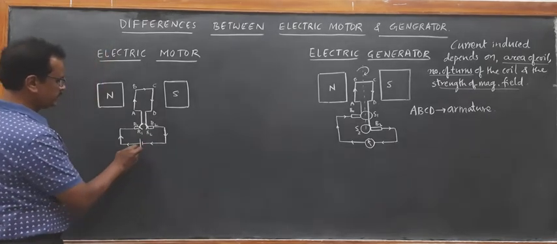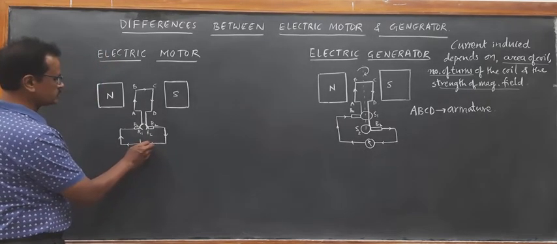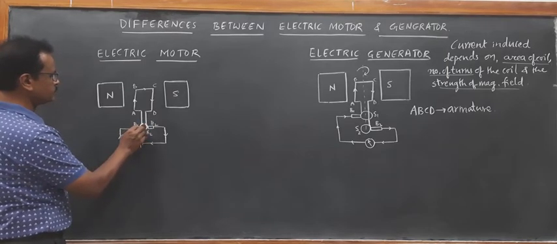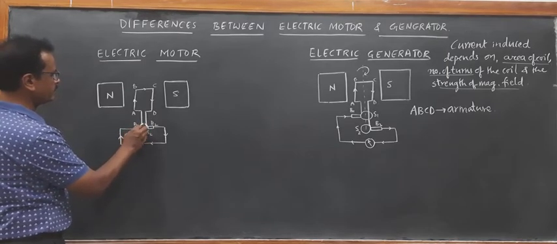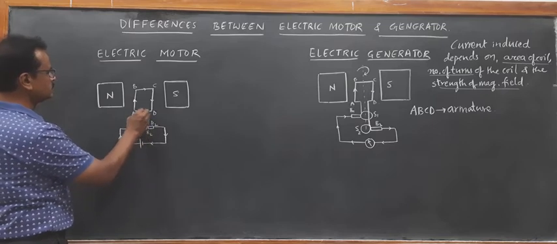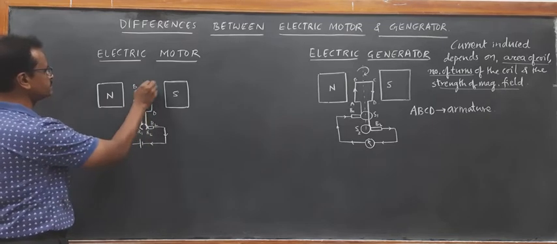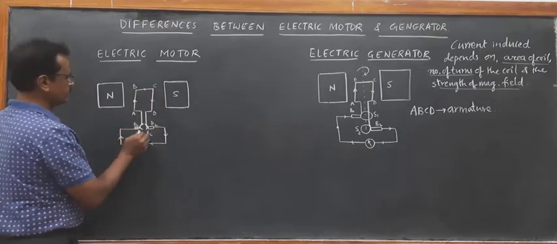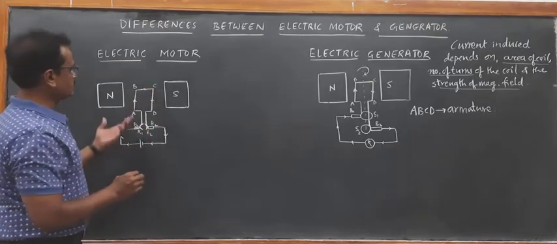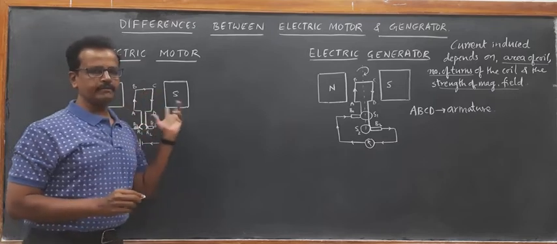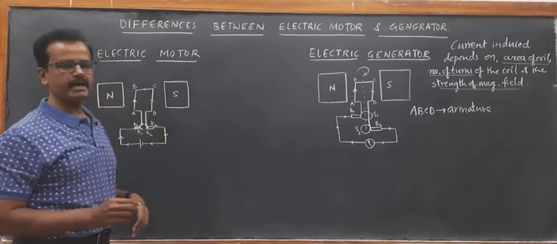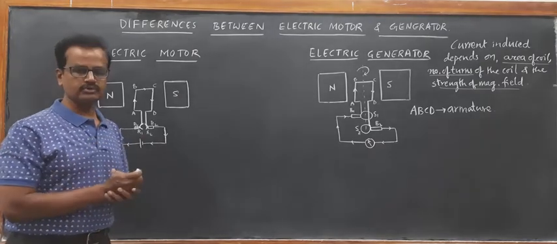This is the battery. When we close the circuit of the battery, the current flows through the brush P1 and enters the coil ABCD along the length ABCD. When the current enters here, the current carrying armature coil in the strong magnetic field experiences force.